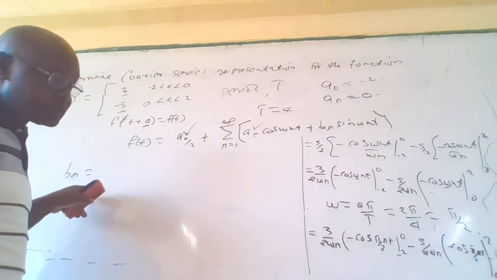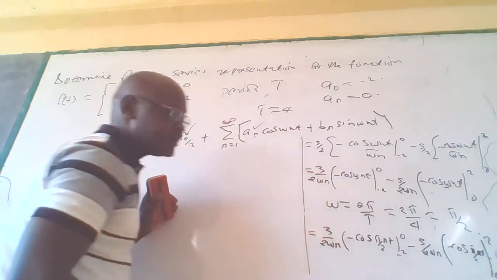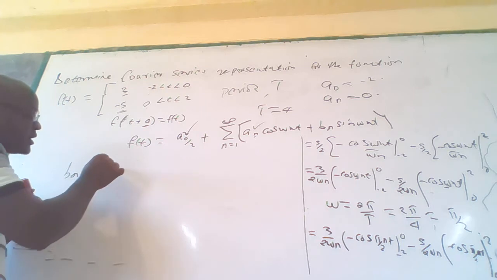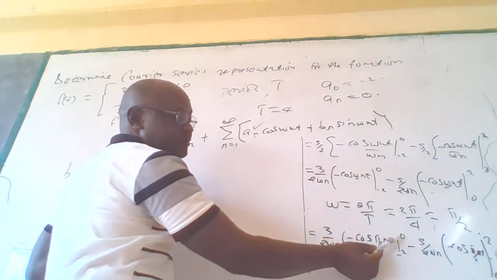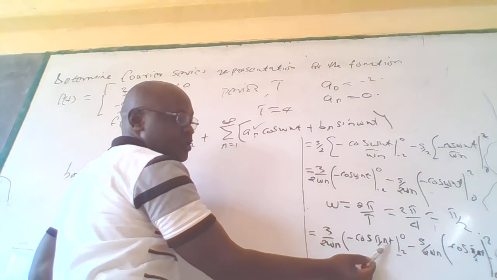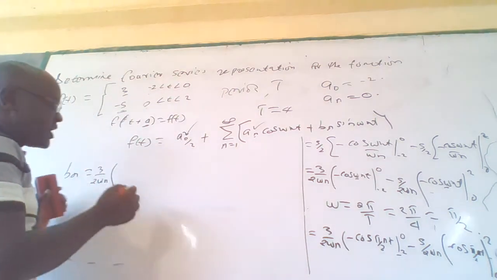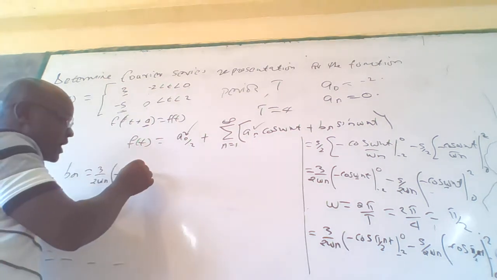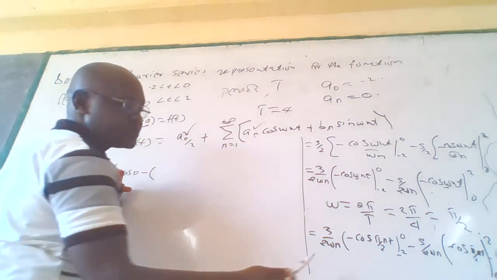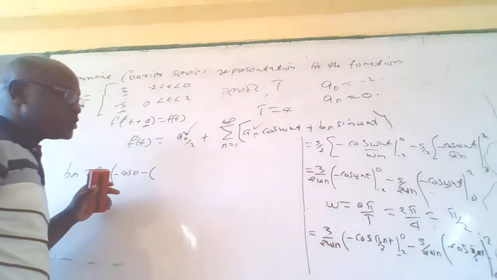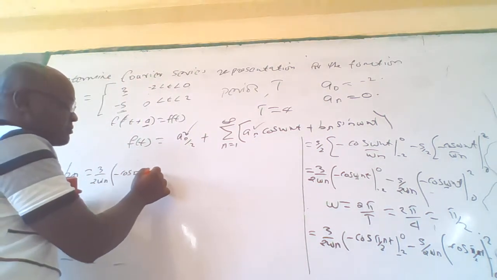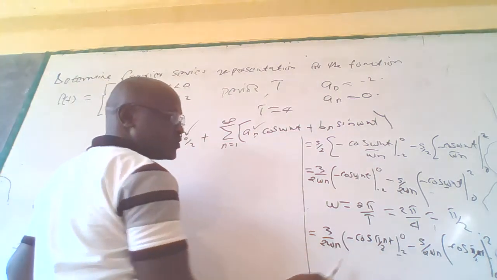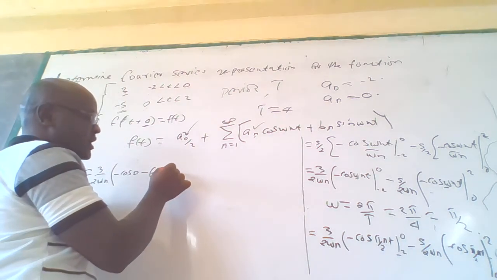Therefore, our Pn equals, now substitute the limits. We shall have 3 over 2 omega n into, we start with the upper limit, so when t is 0 we have minus cos 0, then minus, when t is negative 2 we have minus cos, now the 2 and the 2 cancel, so it will remain minus pi n.